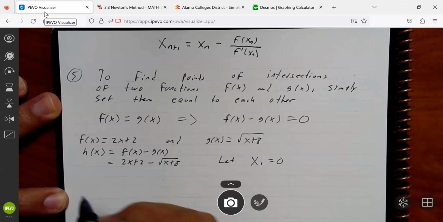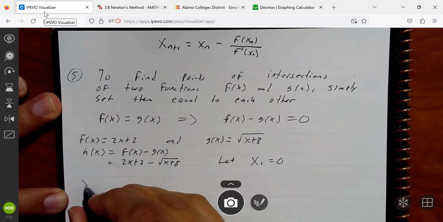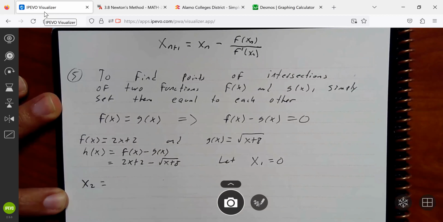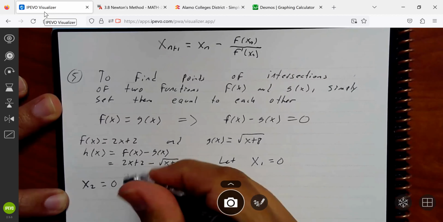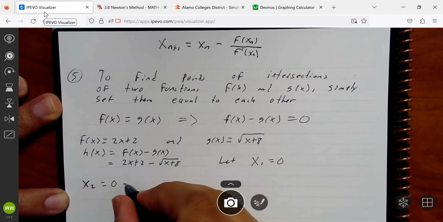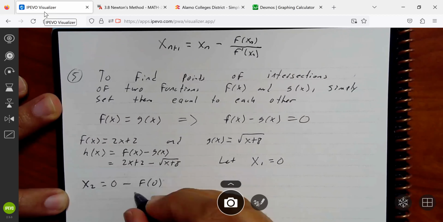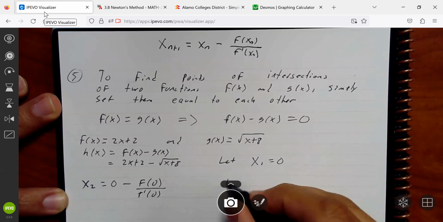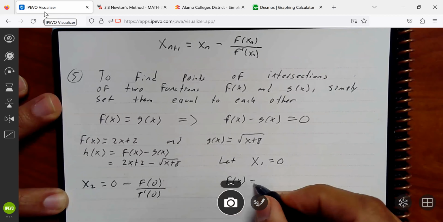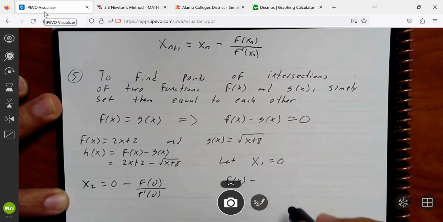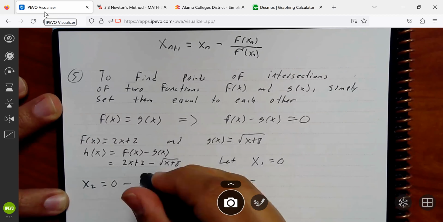So x2, which is what I'm looking for, is going to be 0 minus the function at 0 divided by the derivative at 0. I'm going to need the function. I should use, in this case, h, right?